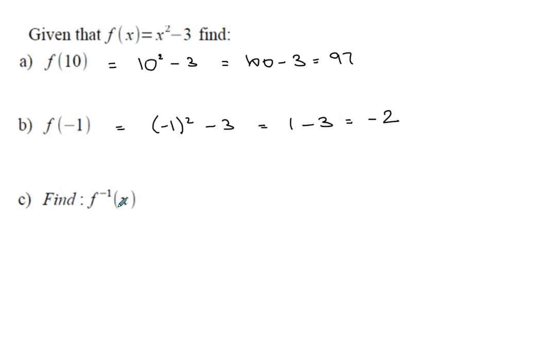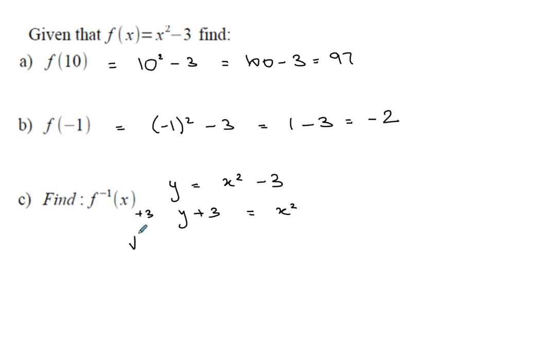Now we have to find the inverse. So y equals x squared minus 3. Rearrange to make x the subject. We tackle what was done last to it, so we add 3. So y plus 3 equals x squared. How do we get x free?